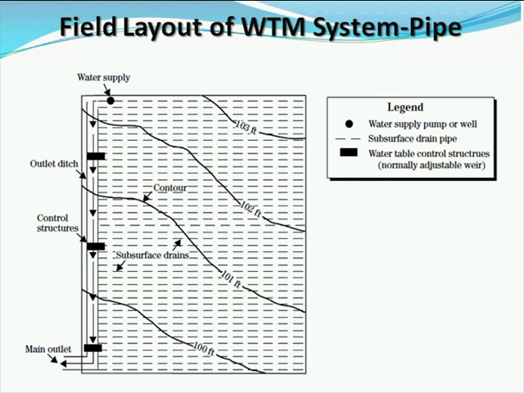This is a field layout example of a water table management system. The dashed lines would be a subsurface drain pipe, and the black boxes would be water table control structures or water level control structures.